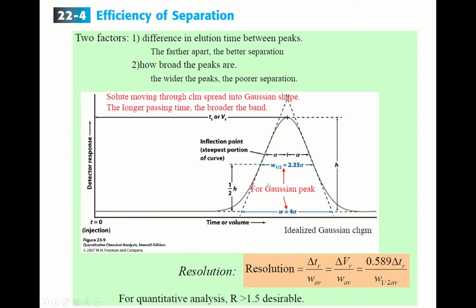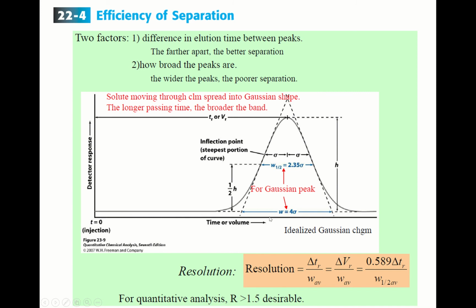Here, the solute moving through the column spreads into a Gaussian shape. Okay, this is a usual case. The longer the passing time, the broader the peak band, which means that you have the same solute A, and the solute passes through the shorter column, and it passes the longer column.